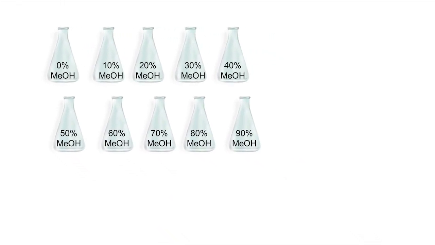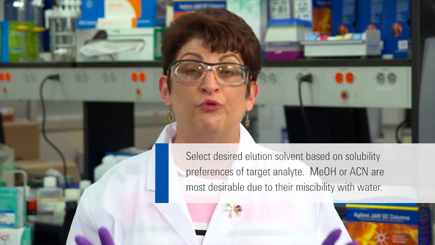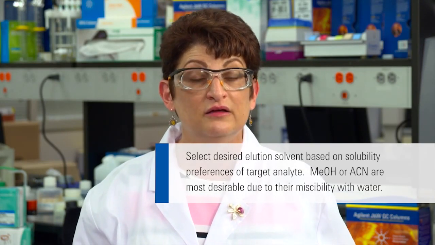The second approach, 10-bottle optimization, is an excellent starting point for development of a new SPE method. In addition to easy method development, the 10-bottle optimization process ensures the cleanest possible extracts. Select desired elution solvent based on solubility preferences of target analyte.